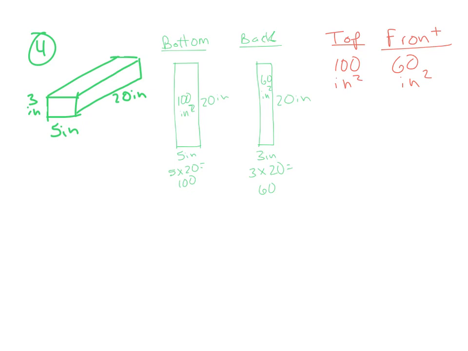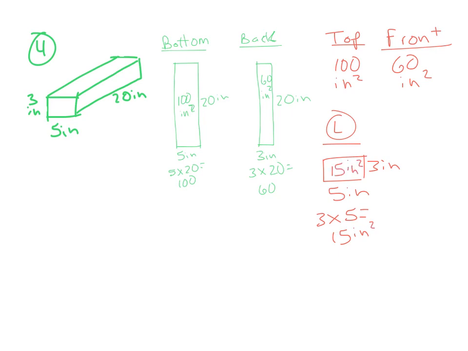So I'm going to label the left-hand face. The left face is a small rectangle, so let's draw that in and write in its dimensions. The short side is 3 inches, and the long side is 5 inches. The formula for the area of that rectangle is length times width, so 3 times 5, which is 15 inches squared.